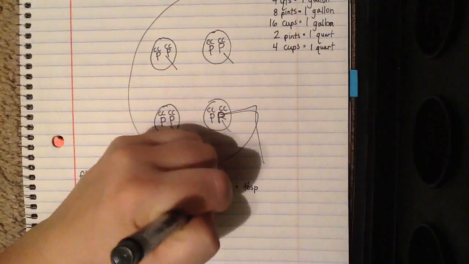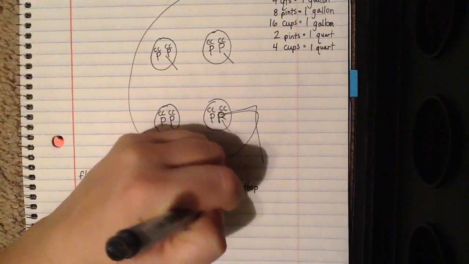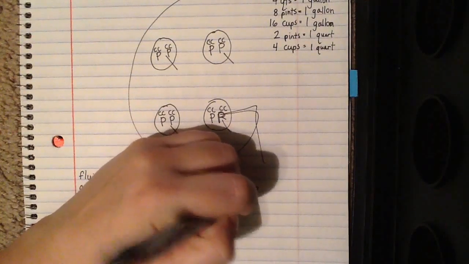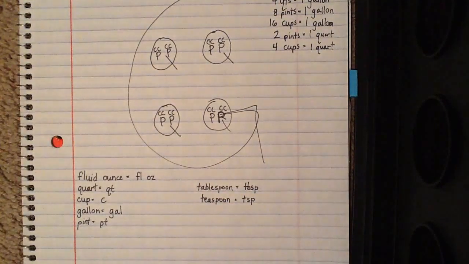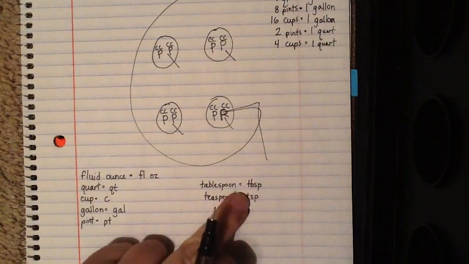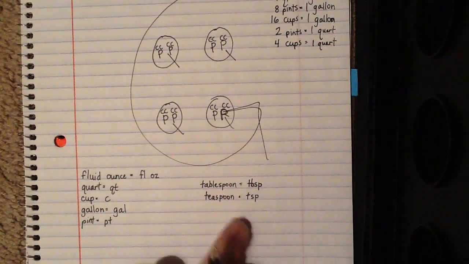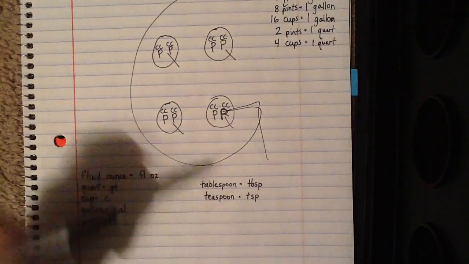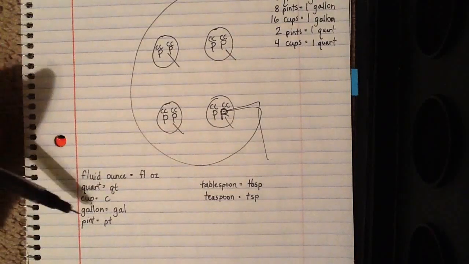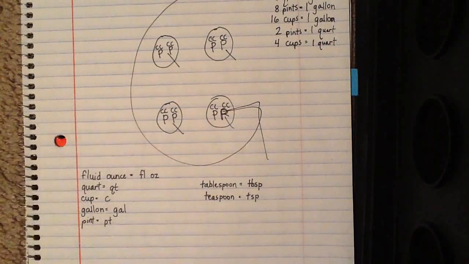And a teaspoon, the difference, is TSP. So there's no B in teaspoon. So tablespoon is TBSP, teaspoon is TSP. When reading any sort of recipe, you're going to see abbreviations more than you will see the word written out.